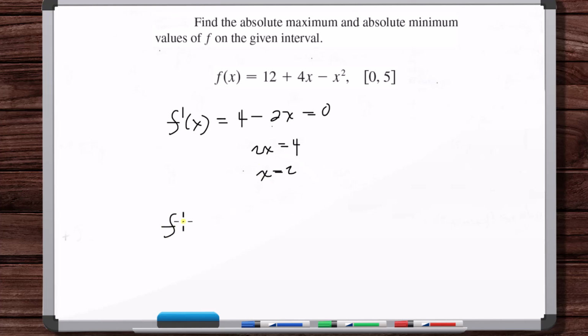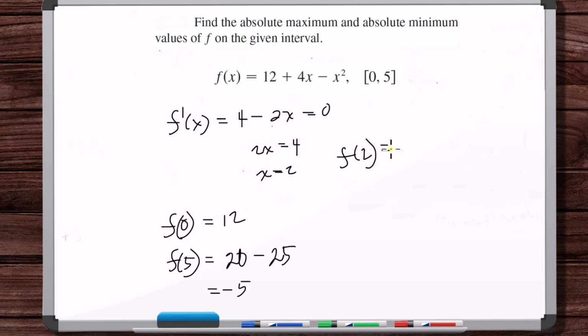Now f of 0 is equal to 12. F of 5 is equal to 20 minus 25. Okay, so now the largest of all of these values is the max. Well, no, we need to find the value of the function at 2 as well. So f of 2 is equal to 12 plus 8 minus 4, 20 minus 4 is 16.